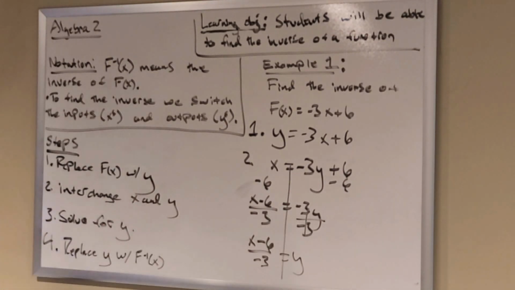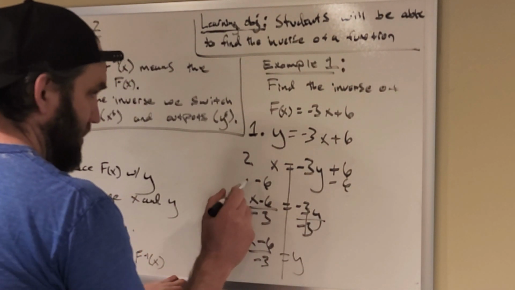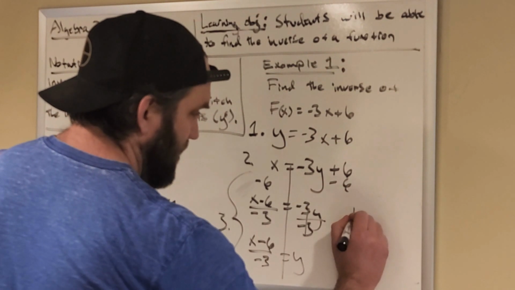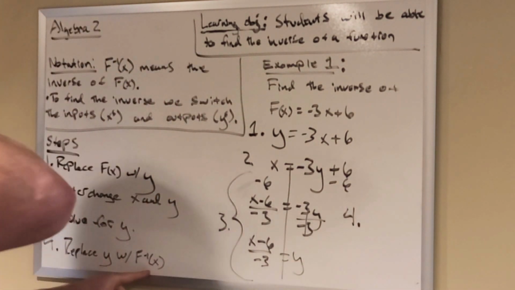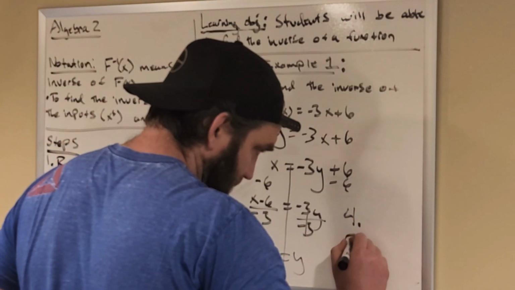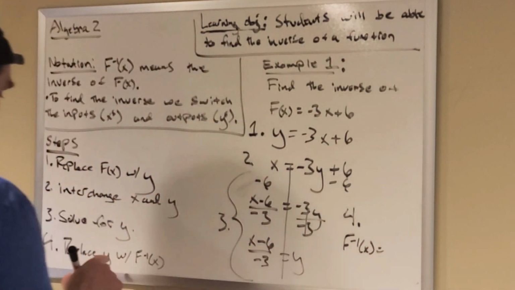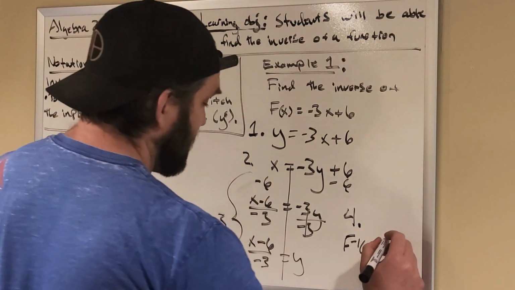And that tells me that this is an inverse function. So this is all step 3, and then 4 over here. So I'm just taking the y, f negative 1x, equals the rest of this, x minus 6 over -3.